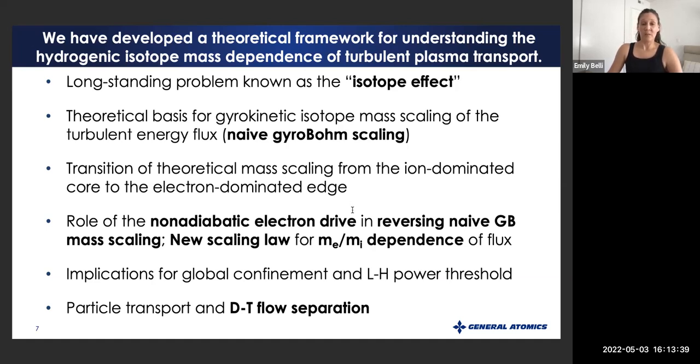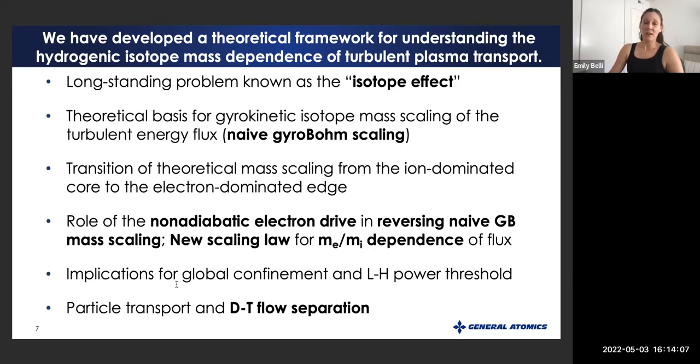The role of the nonadiabatic electron drive in regulating the isotope mass scaling of the turbulence, and in some cases leading to a reversal of naive gyroBohm mass scaling toward agreement with the experimental trend, will be explained with a new analytic scaling law which characterizes the electron-to-ion mass ratio dependence of the flux. I will then discuss the broader implications of these results for the global energy confinement and lowering the power threshold for the low to high confinement or L to H mode transition.